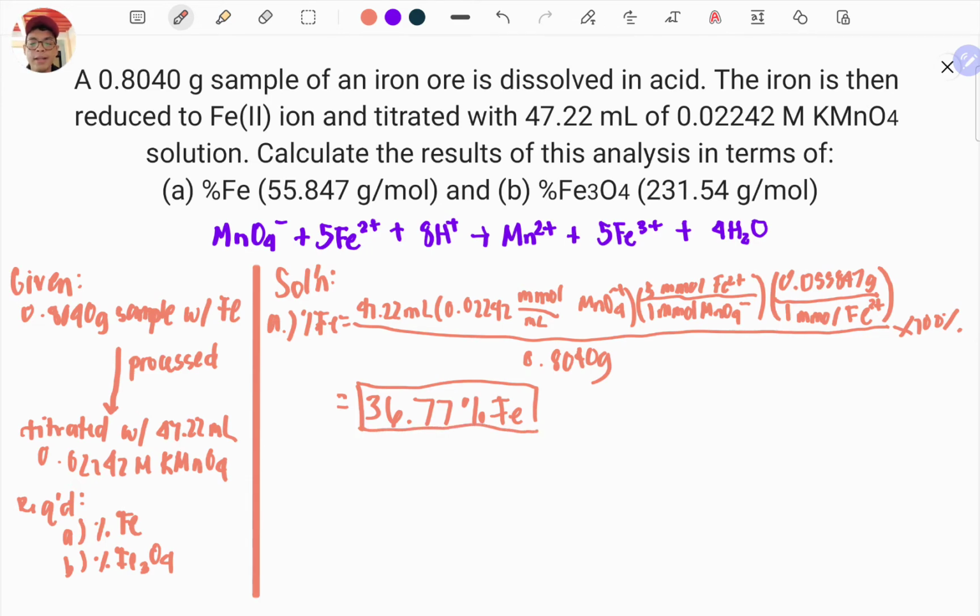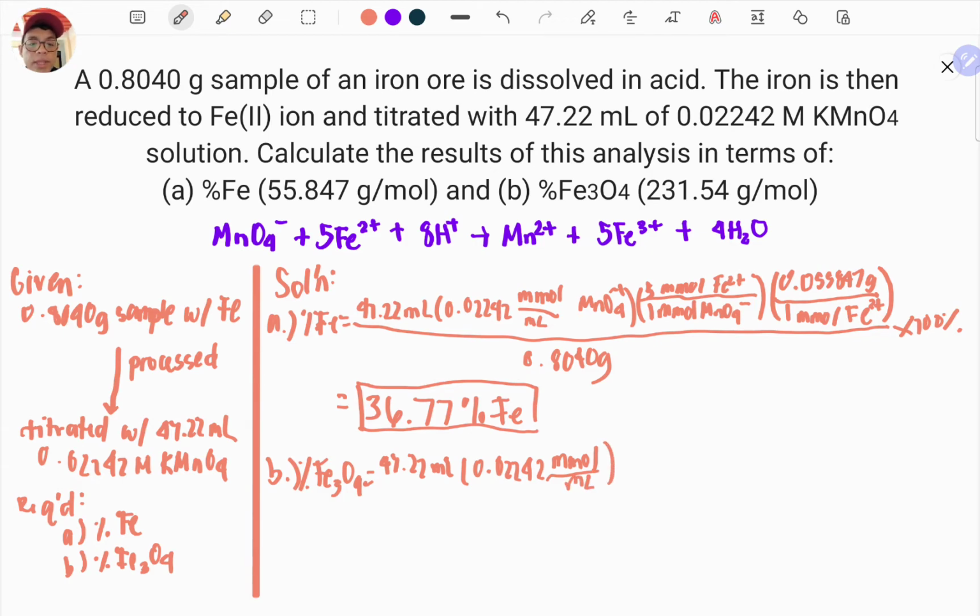Alright, so the process for letter B should be similar, right? Let me do that quickly. Percentage of iron(II,III) oxide. The start of the solution should be similar or comparable. 47.22 mL, 0.02242 millimole per mL.